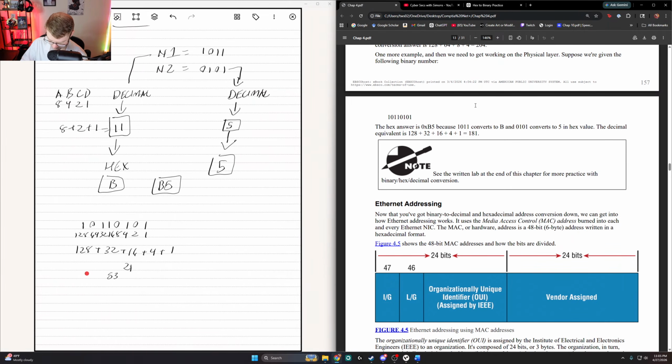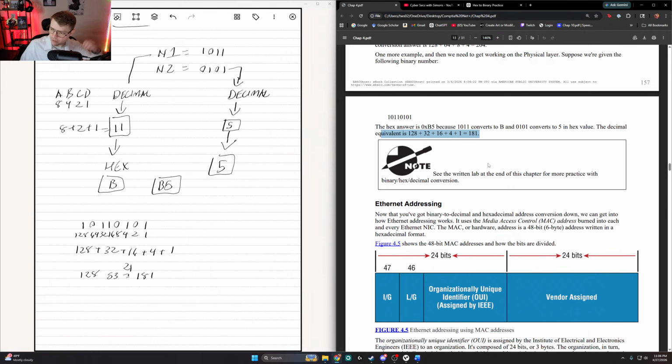So 53 and 128. Let's see, that's 181, I think. Ooh, we made it. All right, so we have the answer is B5. 1011 converts to B, and 0101 converts to 5. The decimal equivalent is 181.